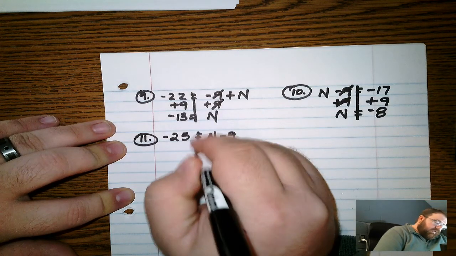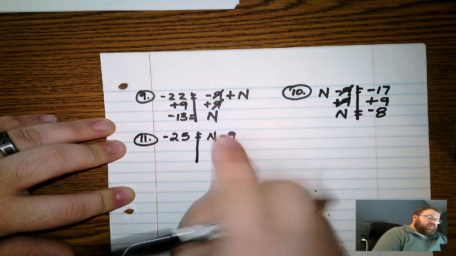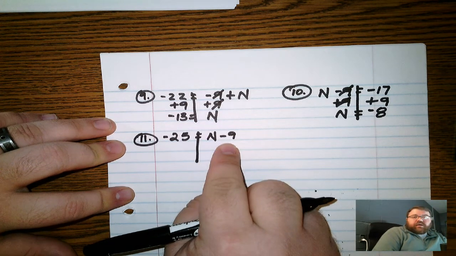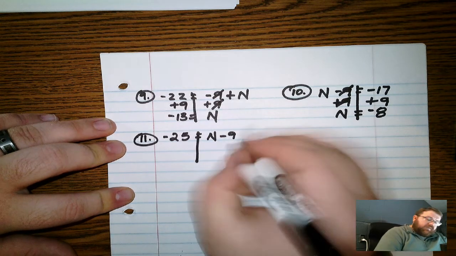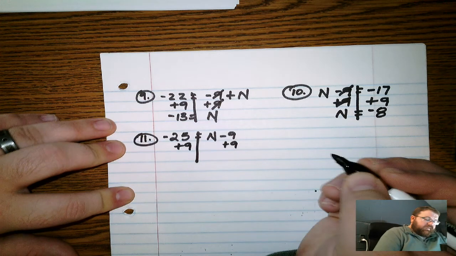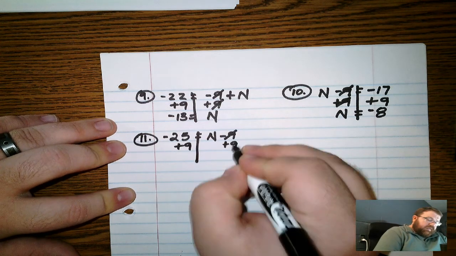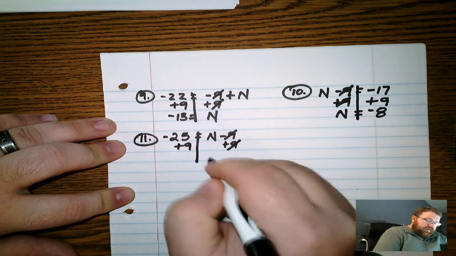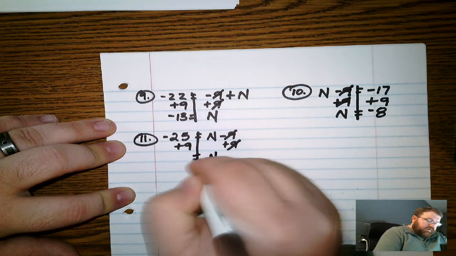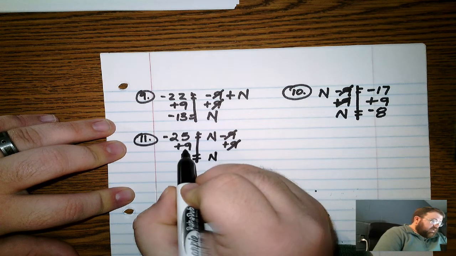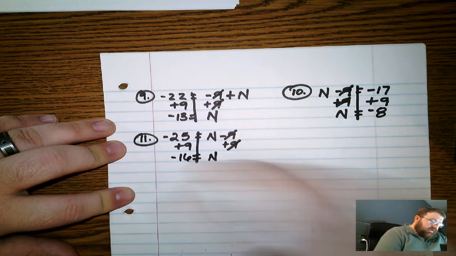I'm going to draw my line and find my variable. In this case, it's subtracting 9 or negative 9, so I'm going to add 9 to both sides. The 9's cancel or equal 0. n is equal to negative 25 plus 9 is negative 16.